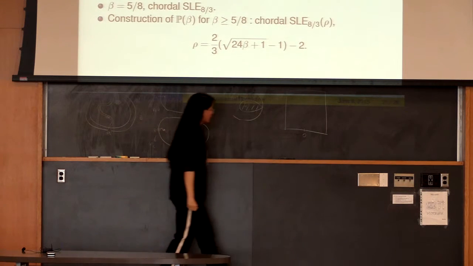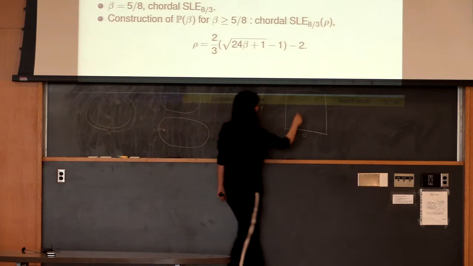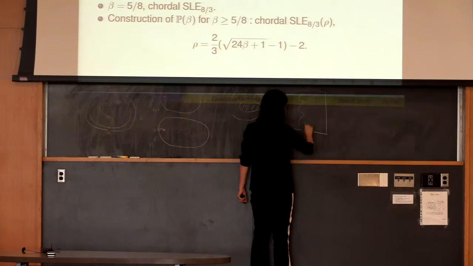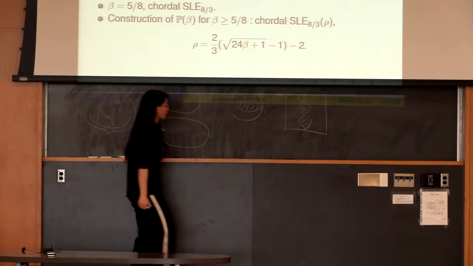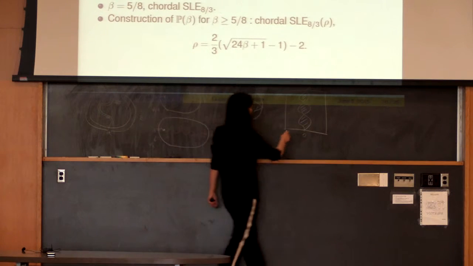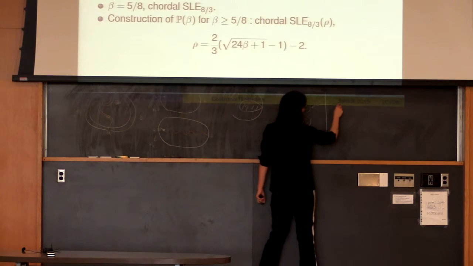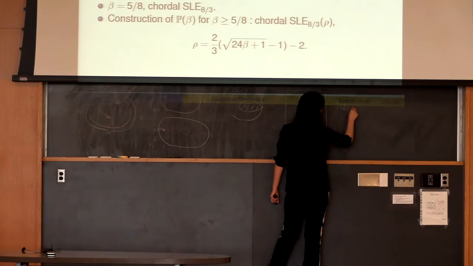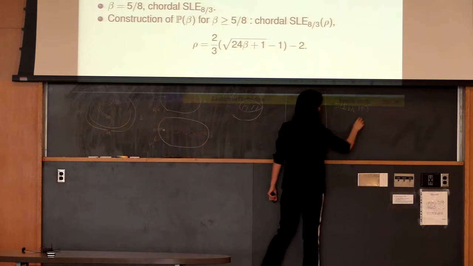When beta is greater than 5/8, we know that this set will look like this. And our idea is we first sample the right boundary. When we first sample the right boundary, we can calculate that the right boundary has the law of SLE 8/3 with rho.